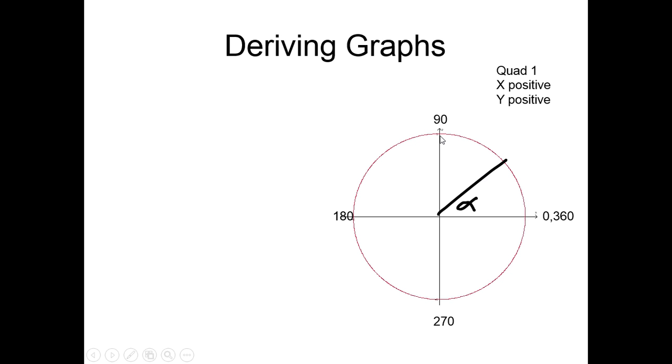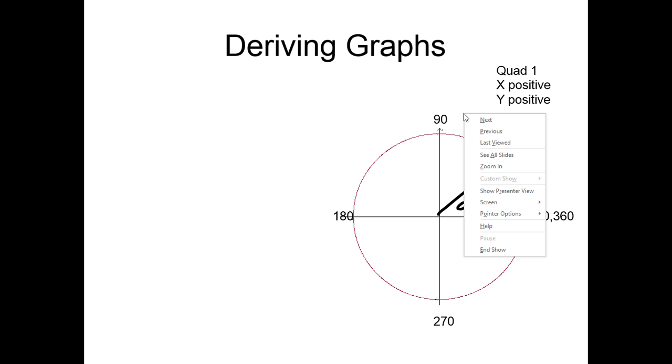Rotating it 90 degrees puts us at this point, the positive y axis. A 180-degree sweep is around here. Remember, counterclockwise rotation is positive. In quadrant 1, the x's are positive and the y's are positive, so the cosine and the sine are positive.